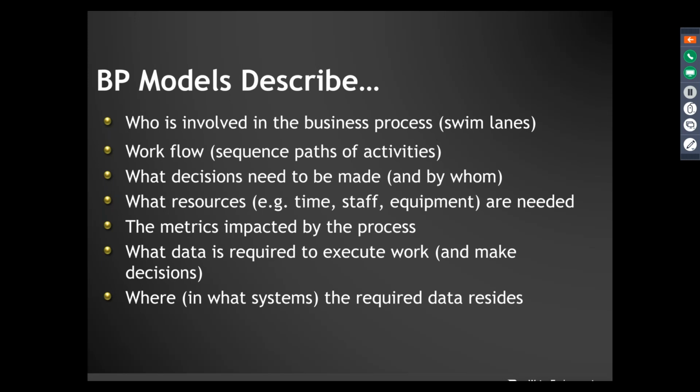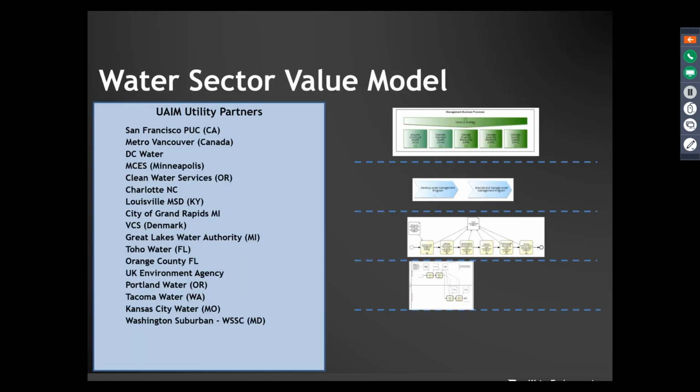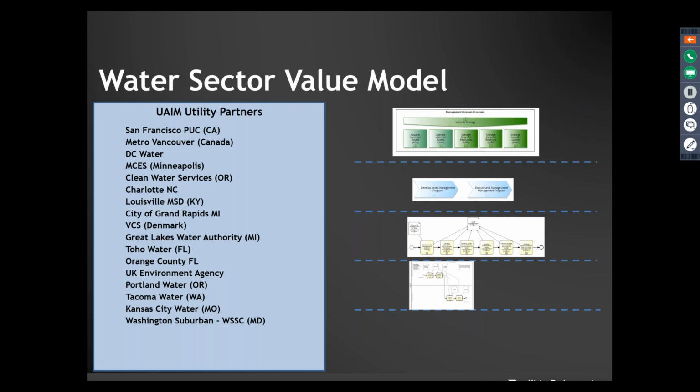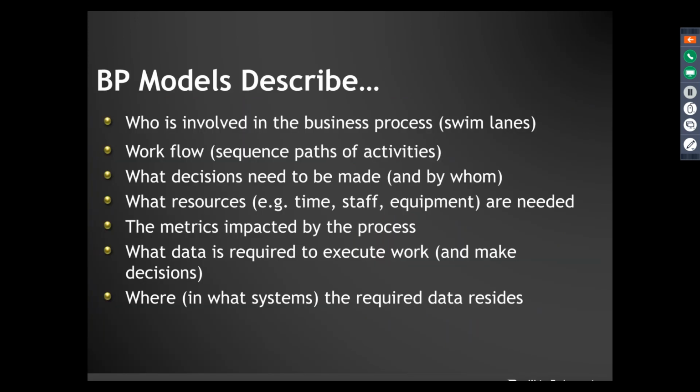Some of the metrics that are impacted by the process, and also metrics that tell you how well the process is working. They should also tell you what data is required to execute and make decisions, and where the required data resides and in what systems.